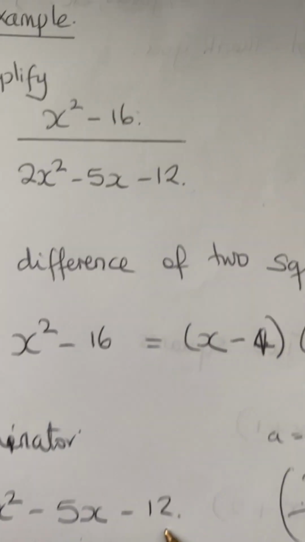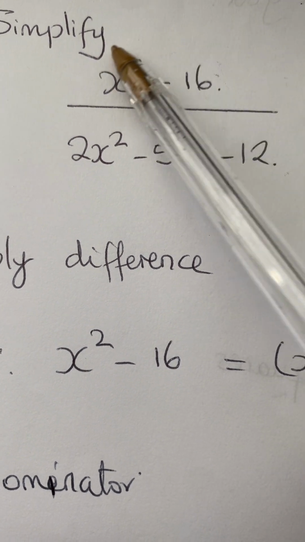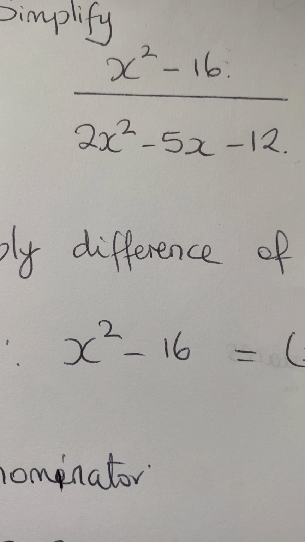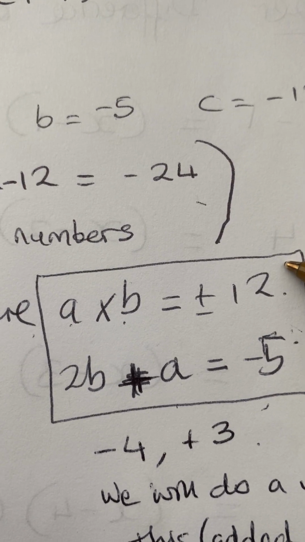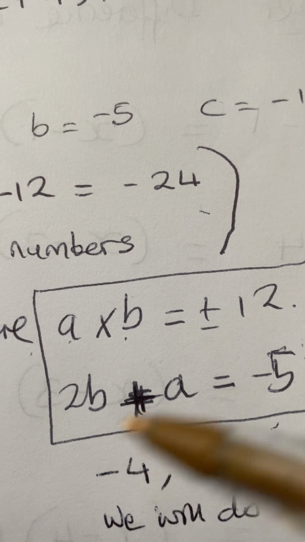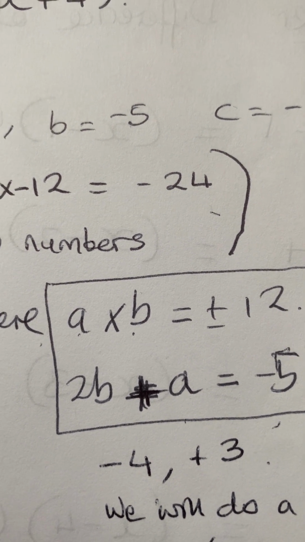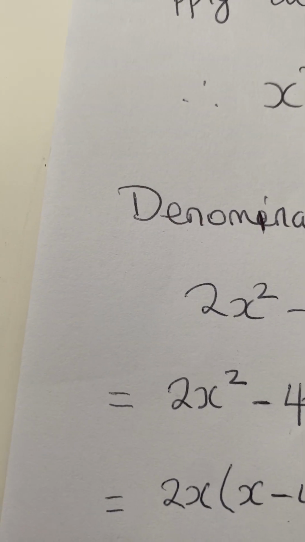So we've used difference of 2 squares to break down the numerator, and we've used this method here of breaking down algebraic expressions to do the denominator.